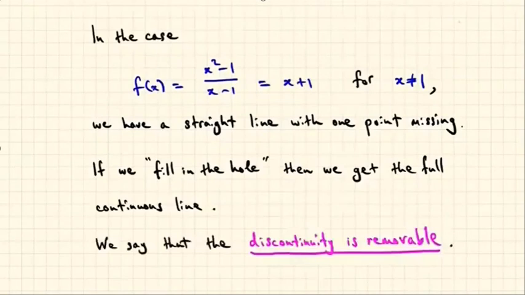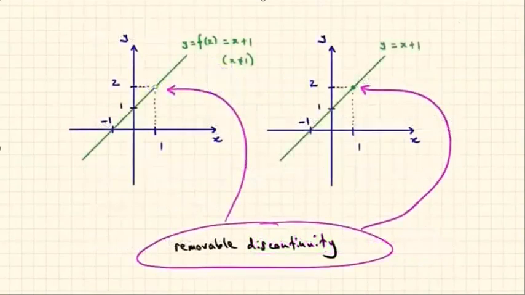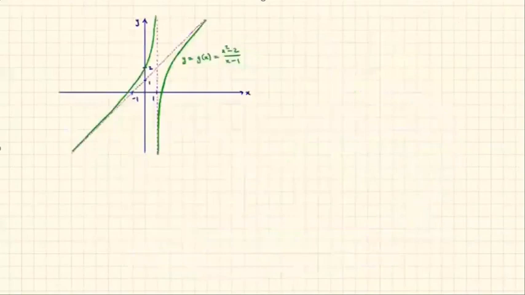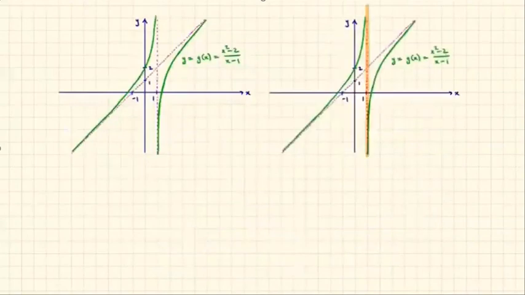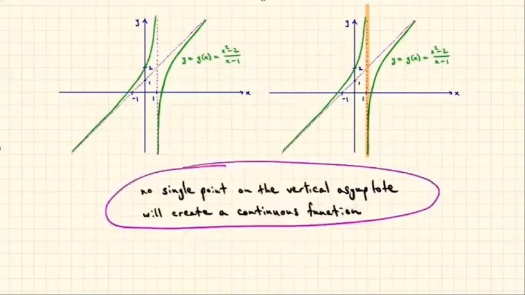By contrast, if we look at the graph of g, no matter where we travel on the vertical asymptote corresponding to x = 1, we cannot find an input that will join up the two branches of the curve. They always remain separated. We can say that the discontinuity is not removable.